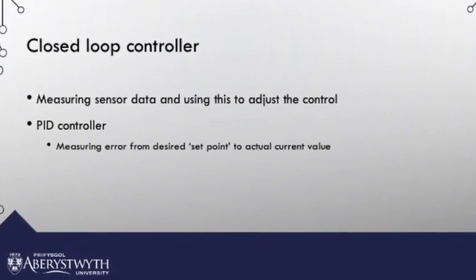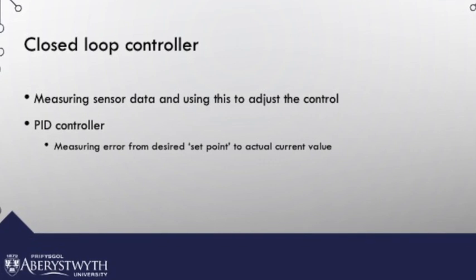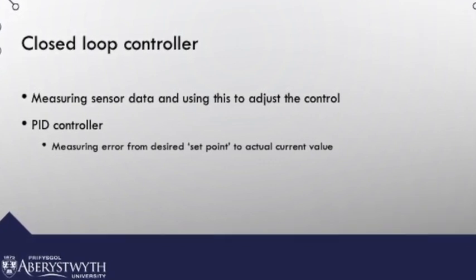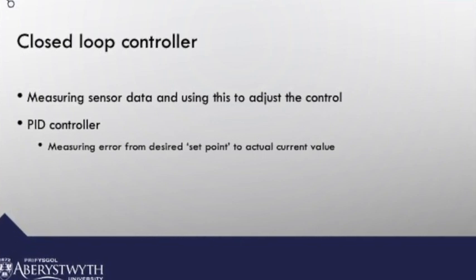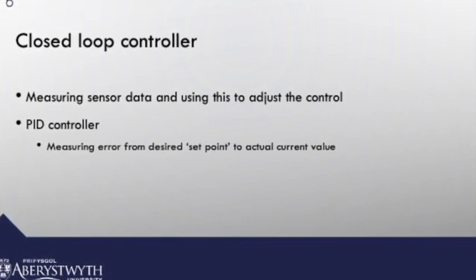So what we end up doing is we measure some kind of sensor data, and we take that sensor data and feed that back in to adjust the control that's being sent to the robot.